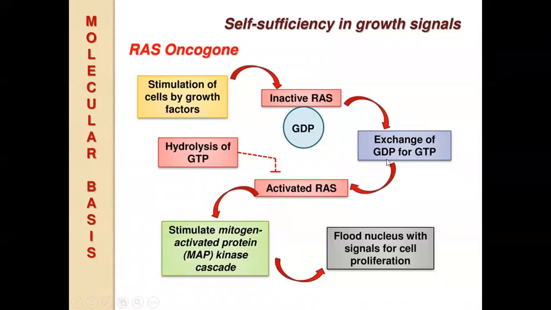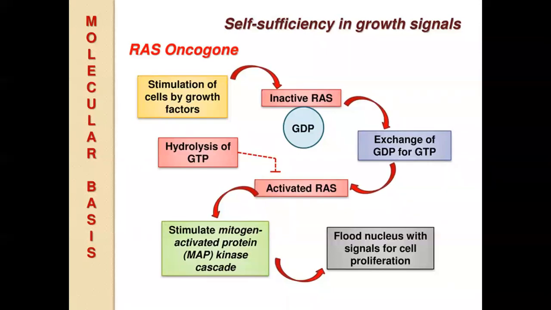Sorry, the GDP is the inactive form, while the GTP is the active form of the RAS protein. Both are the same as G proteins and take part in signal transduction in an on and off switch manner.